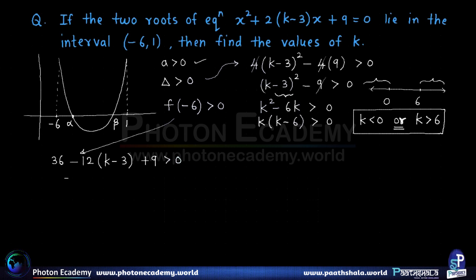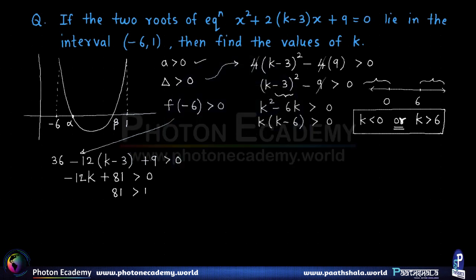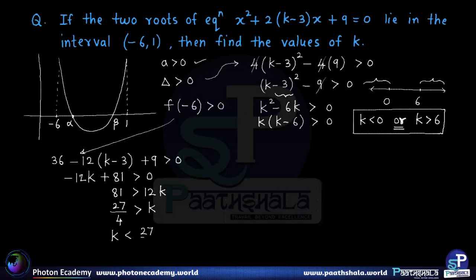So therefore the k term is minus 12k. Then 36 plus minus 12 into minus 3, which is once again 36, which is 72, plus 9 is 81, is greater than 0. So that means 81 is greater than 12k. Cancelling the factor of 3, we have 27 by 4 greater than k. So that means k has to be less than 27 by 4.